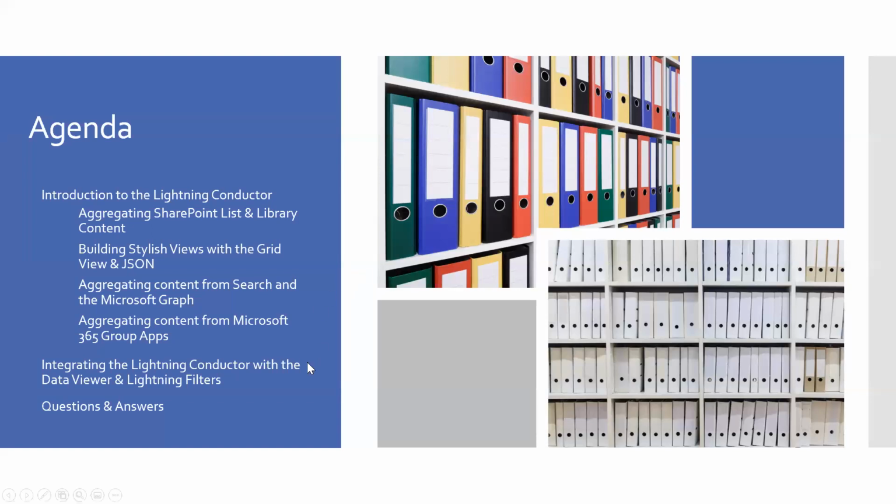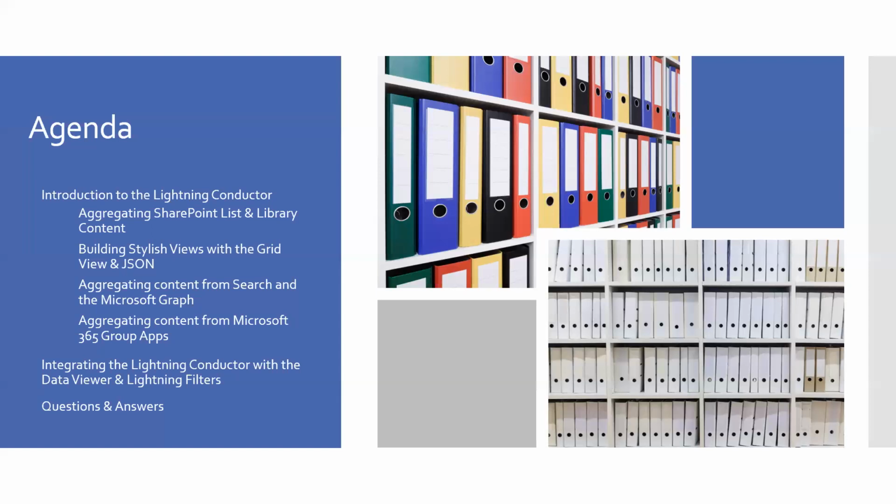And towards the end of the session today, we're also going to take a look at working with a couple of other web parts, one of which is free and it's designed to complement the Lightning Conductor, and that is Lightning Filters. So Lightning Filters is something that can provide a filter value to the Lightning Conductor using a web part connection, so that you can maybe have a dashboard of different types of reports being presented to users, and then be able to filter that maybe based on a site property such as the site name, or a query string variable, or even something like the current user.